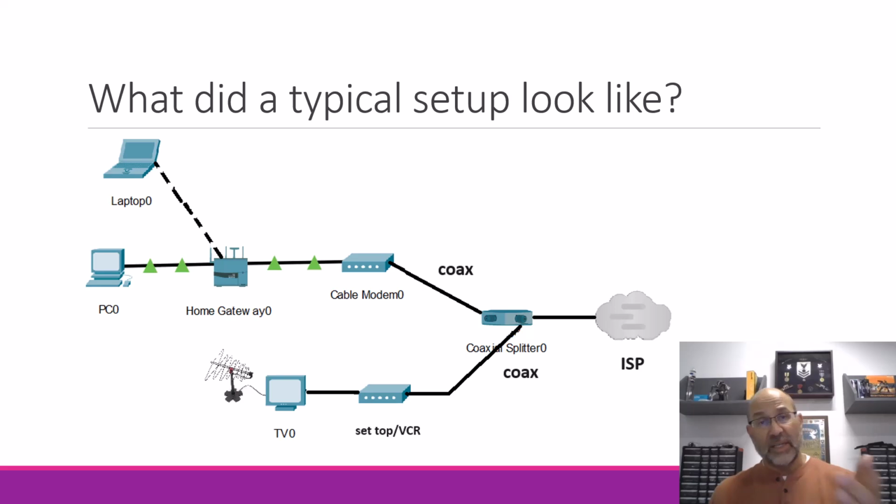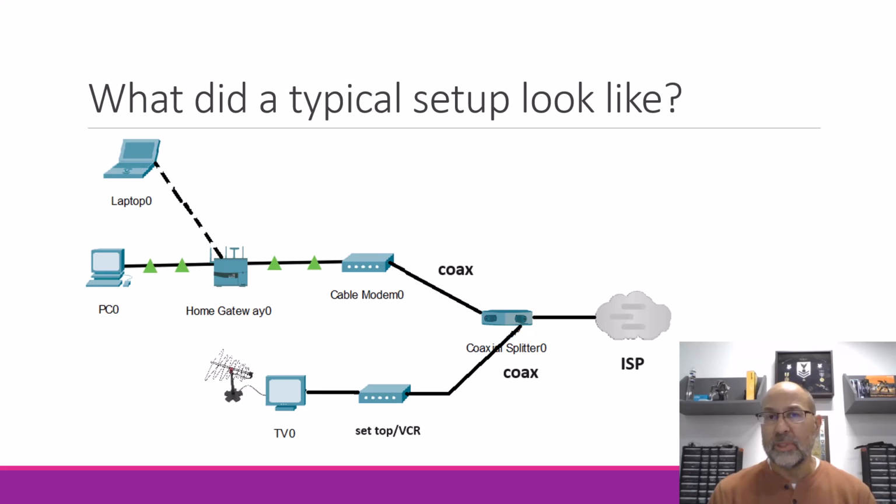So you wanted to send it to the cable modem, and the cable modem's job was to find that one channel and demodulate that channel, and then, well, in this case, modulate, right? It was up and down, so that you could do your data. But all of the rest was just the normal cable television channels that went out to your set-top box, your VCR, and then to your TV.